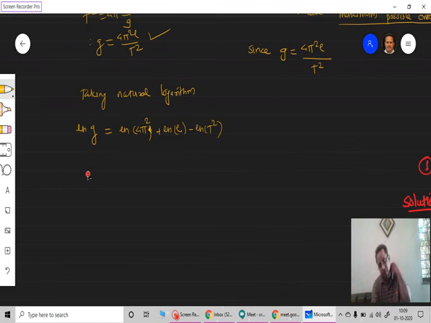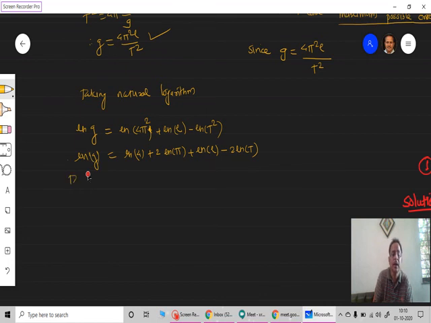Quantity in the denominator, taking its logarithm, appears in the numerator with negative sign. And further simplifying, log of A into B can be written as log A plus log B. So this can be written as ln of 4 plus, taking this index here, 2 into natural log of pi, plus ln of L, and minus 2 ln of capital T. Therefore ln of g is equal to this.